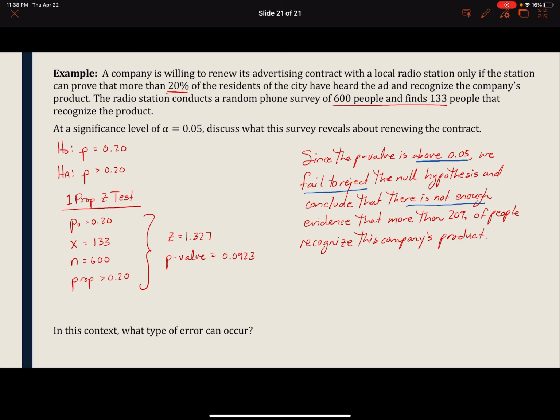So that basically means they're not going to renew this advertising contract. So the company will not renew the contract.